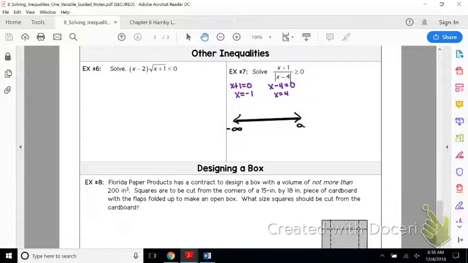So I'm going to do my number line. Put my infinities. Put those critical values. Pick an x value inside of each one. And then we're going to plug it in and solve.